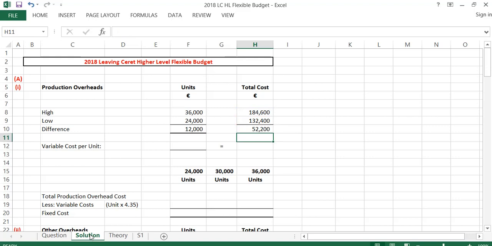To work out the variable cost per unit, I'm going to take my total cost difference of 52,200 and divide it by the number of units, which is 12,000, which gives me a variable cost per unit of €4.35.